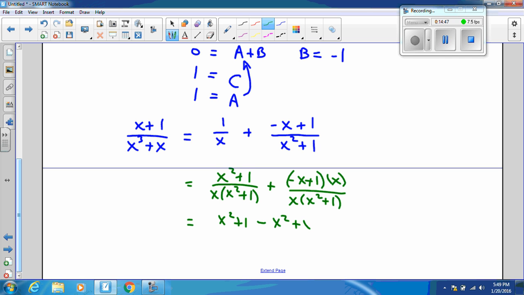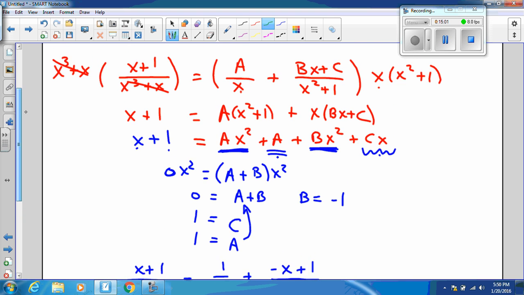And when I do and simplify, then I get x squared plus 1 minus x squared plus x all over x cubed plus x, and lo and behold, these cancel to give me what I wanted. Yay!